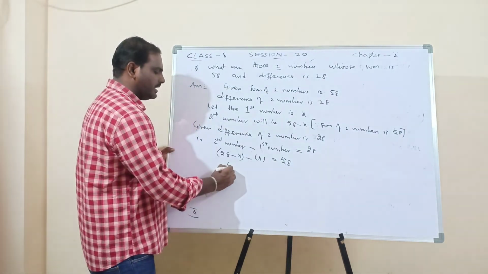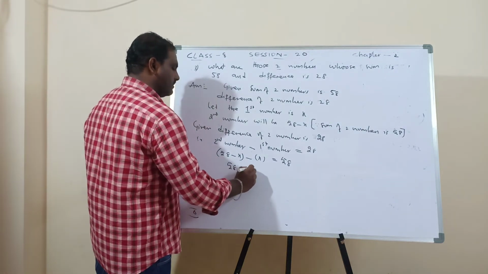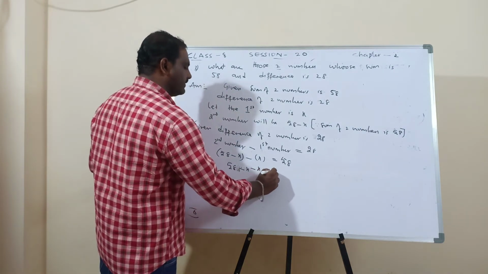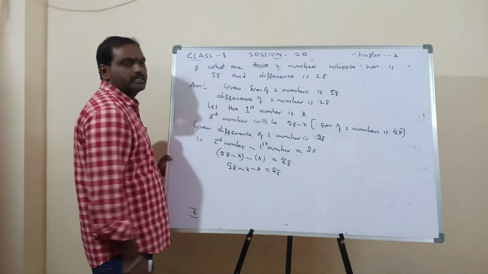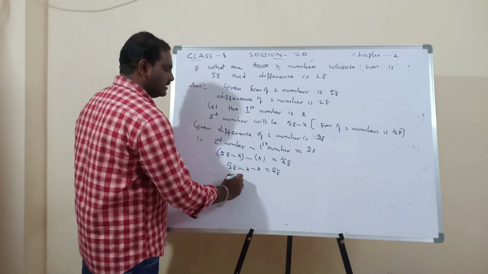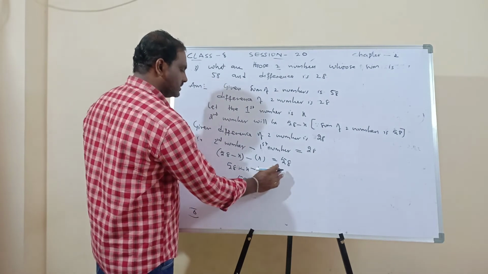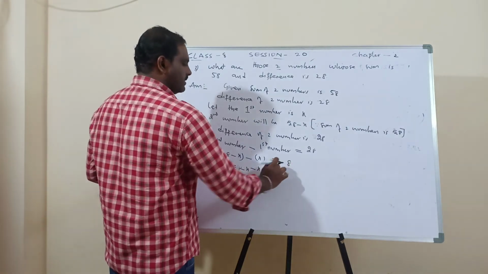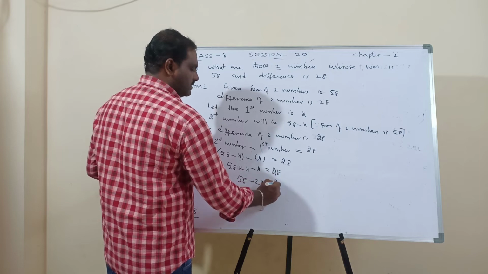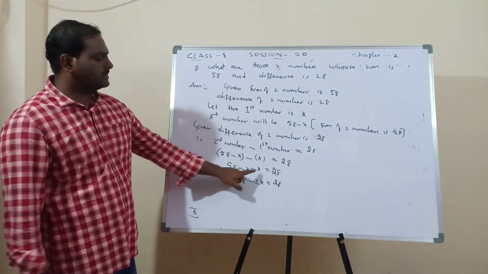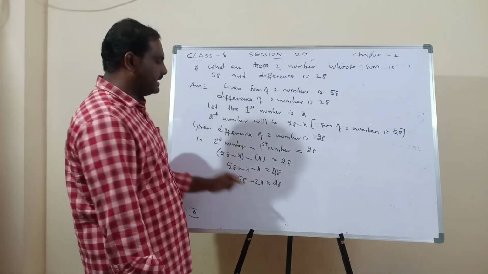Now 58 minus x minus x is equals to 28. What is minus x minus x? It is 58 minus 2x is equals to 28. Whenever both minus are there, we have to add and keep the minus symbol.